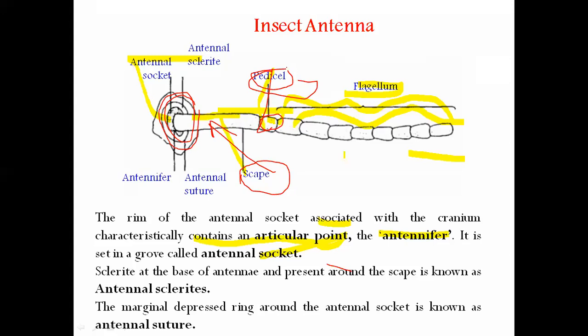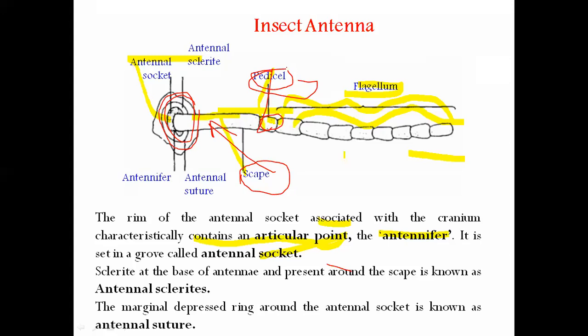In mosquitoes it has a special function for communication, and even for the detection of vibration. That is where Johnston's organ acts, in insects having different sensory functions. Understood the pedicel? Yes, sir.